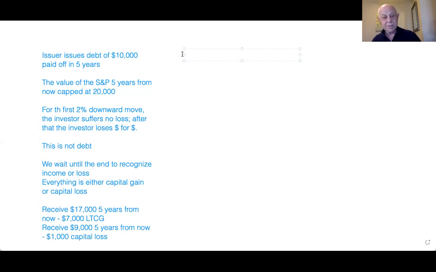The issuer issues debt of $10,000, paid off in 5 years again.